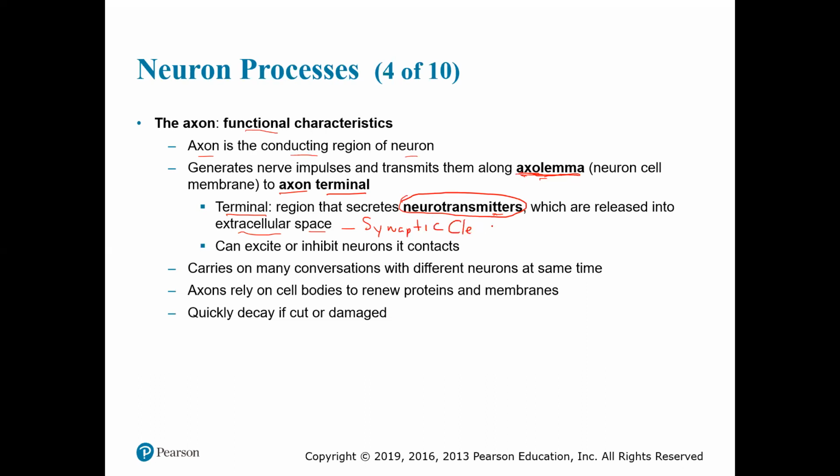And that's basically the gap between two neurons or between a neuron and the muscle. So here's the key. Look at this. The neurotransmitter can either cause excitation of the postsynaptic neuron membrane, or it can inhibit it. So if it's excited, you're going to get yourself an action potential. If it's inhibited, no action potential.